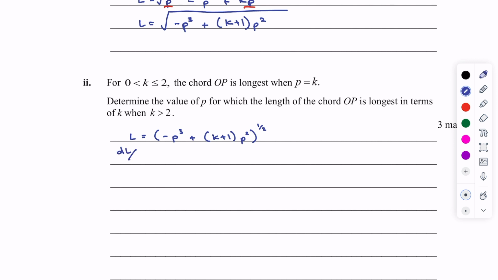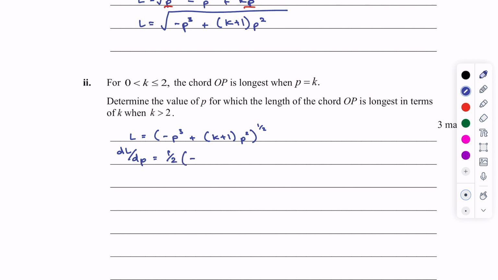So I'm saying dL/dP. First things first, I should bring the power out the front.